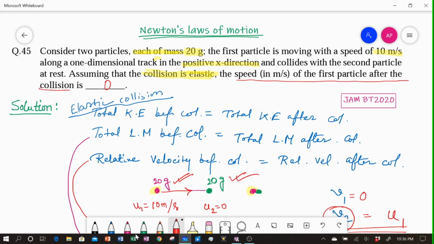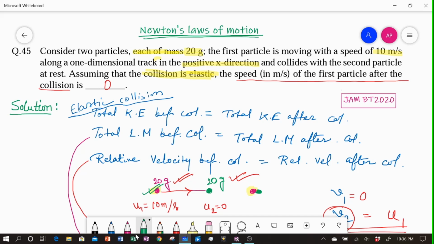0. So in this case what would happen is the kinetic energy of first particle will be transferred to the second particle after collision.